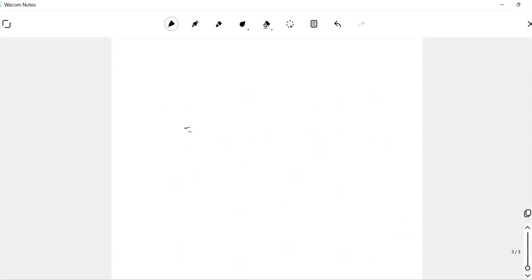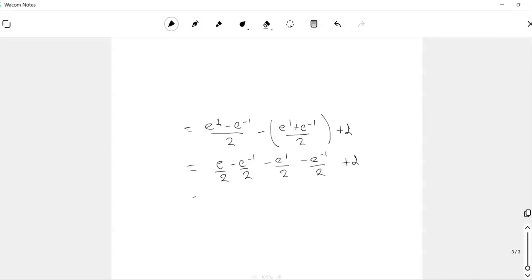So this is e to the 1 minus e to the minus 1 divided by 2 minus... we need to do some computations here. So this term and this term go away. I have 1 minus 2 e to the minus 1 divided by 2. So this is 1 minus 1 over e. And this is strictly less than 1.